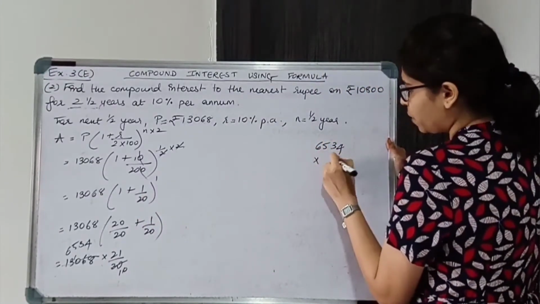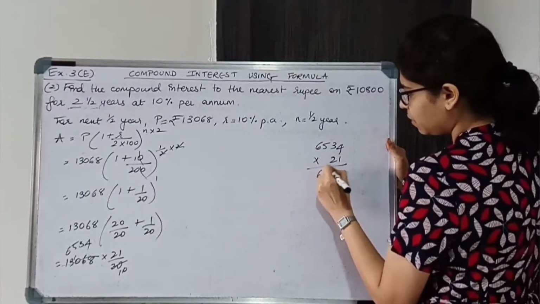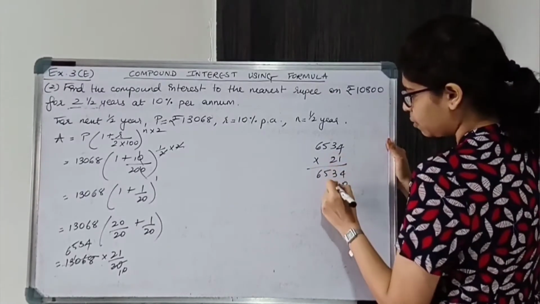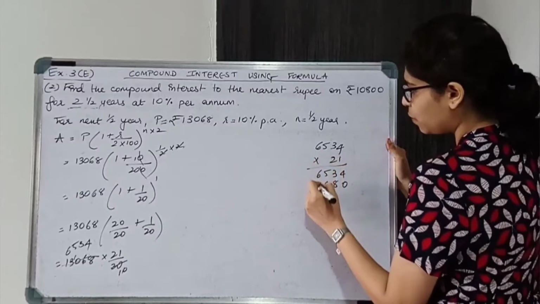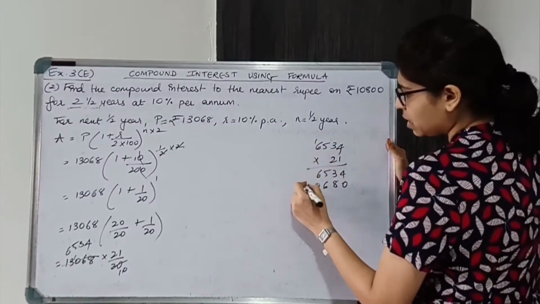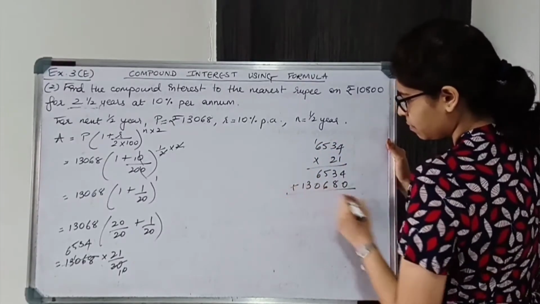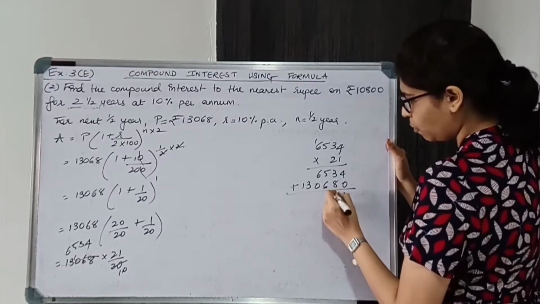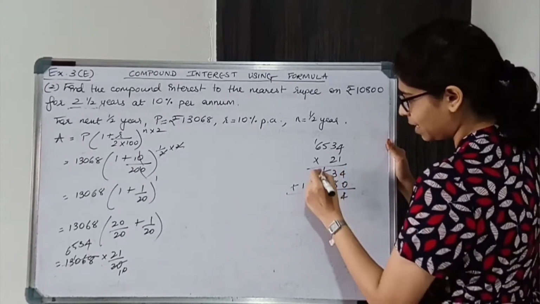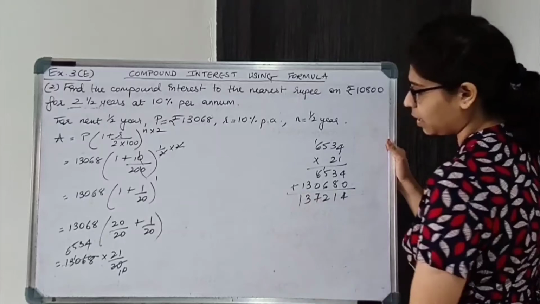6534 into 21, so this will give 6534, and here 2 4s are 8, 2 3s are 6, 2 5s are 10, 2 6s are 12 plus 1 13, so 4 11 12 7 3 1.